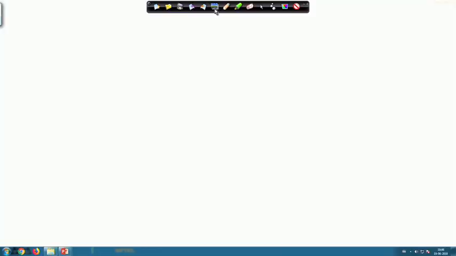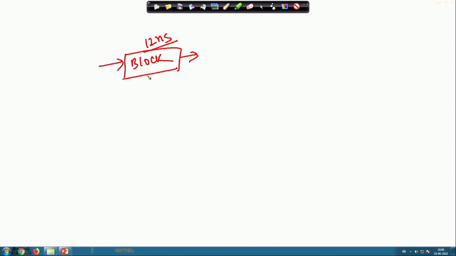Okay. So, now let us take one example, and consider one particular block which takes 12 nanoseconds of delay. This is the critical path of this particular block. This is a black box, so I do not know the functionality as of now.